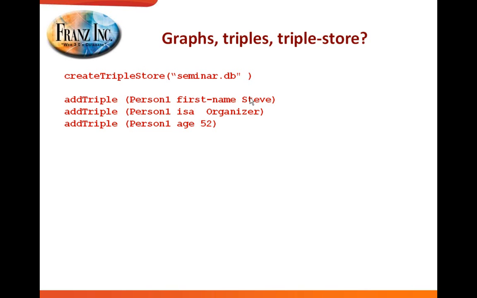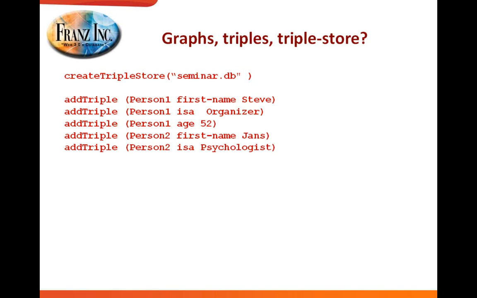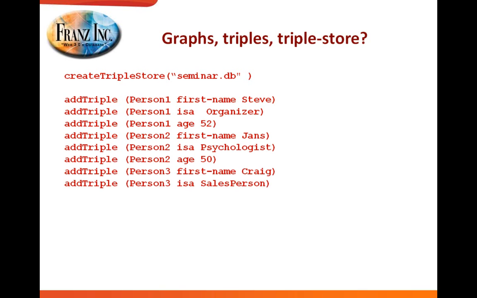I hope you can see my mouse move here. Okay. So now we've said something about Steve. Now let's say something about myself, Jans, who's a psychologist and is 50 years old. And let's say something about my other colleague here, Craig, who is a salesperson and is 32. So now I have 3 objects in my database.